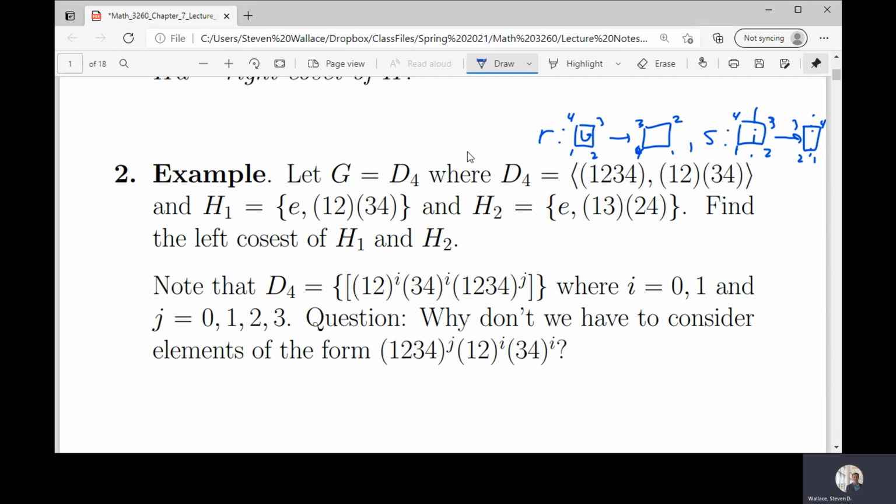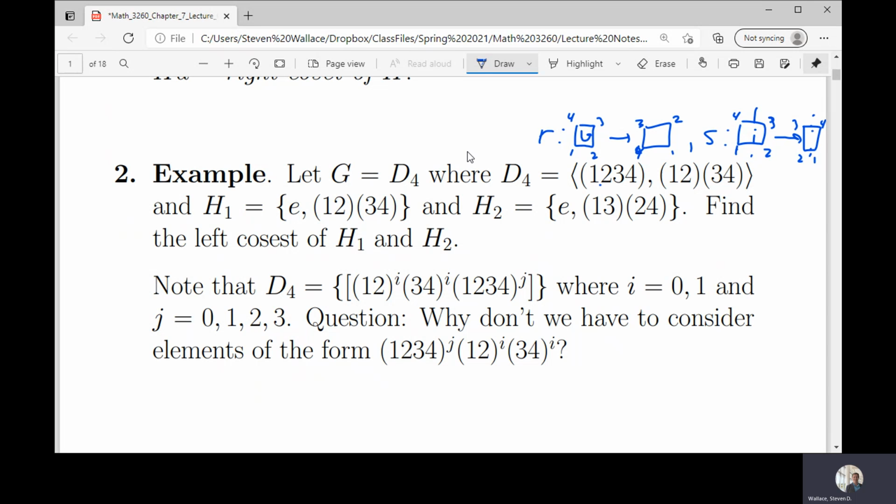We did a homework problem where you can show that all elements in D sub n are determined as a product of some power of this rotation and some power of this reflection.